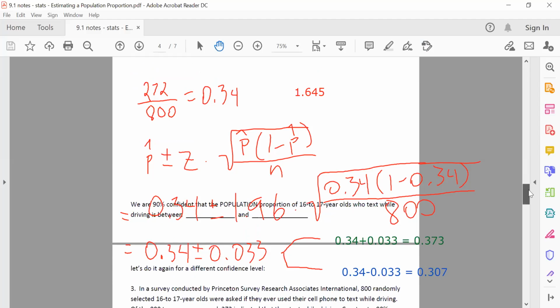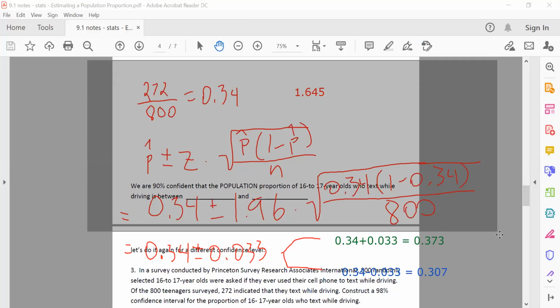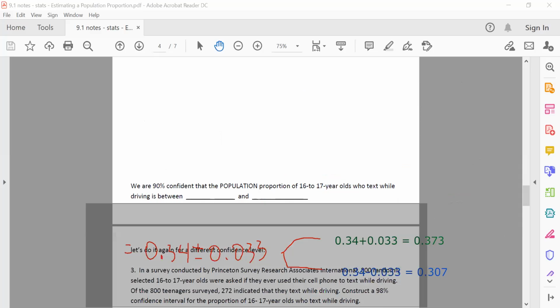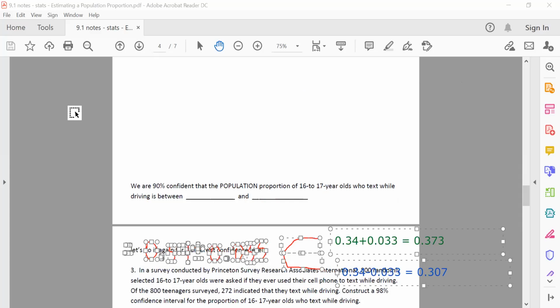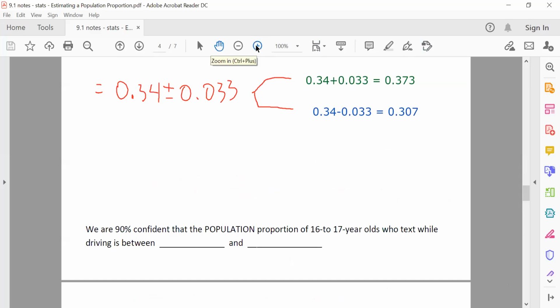So unfortunately, we need to drag this down. We'll drag this up. So we are 95% confident that the population proportion of 16 to 17-year-olds who text while driving is between 0.307 and 0.373.